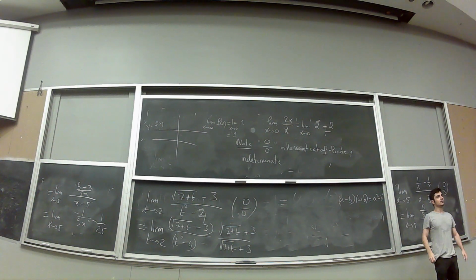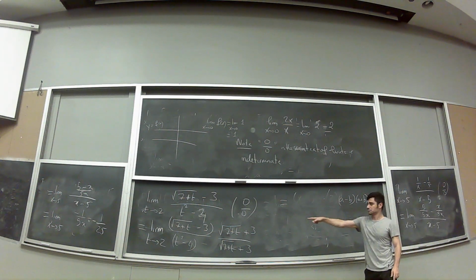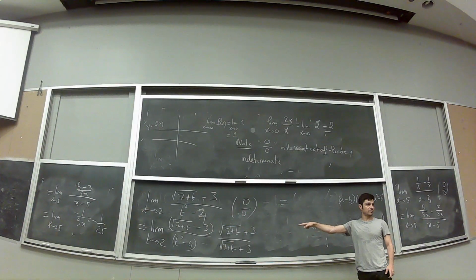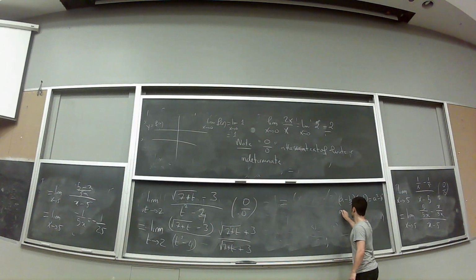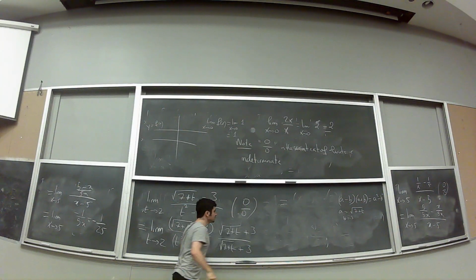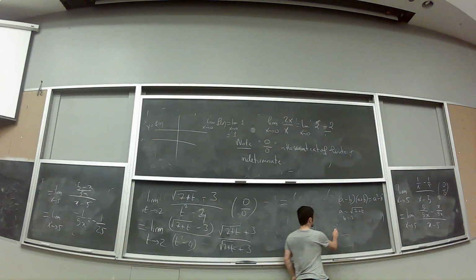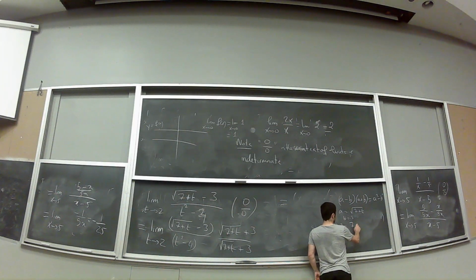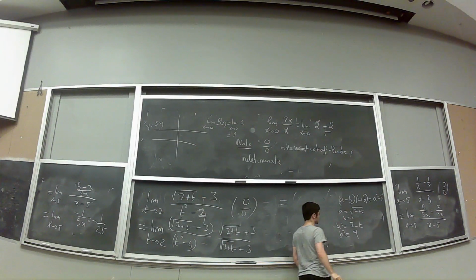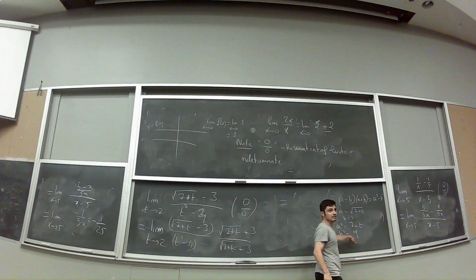Now if I take a to be the square root of 7 plus t and b to be 3, what do I get? I have a minus b times a plus b. We agree? So what is a squared here? a squared is 7 plus t, b is 3, and b squared is 9.